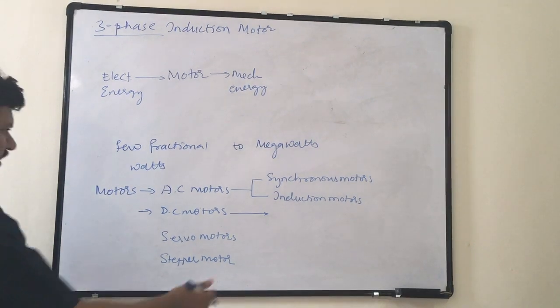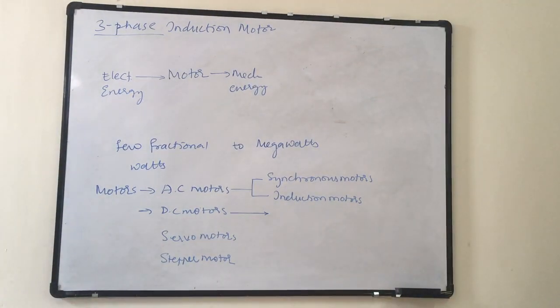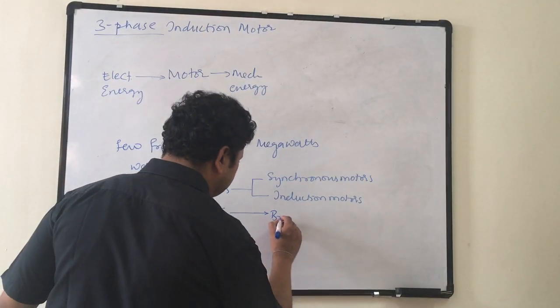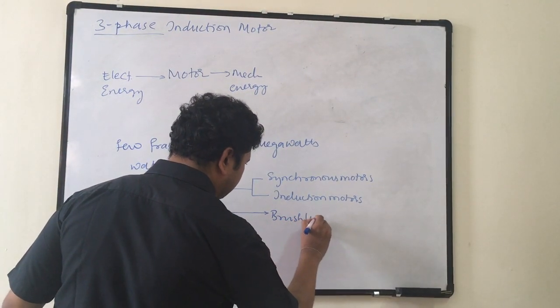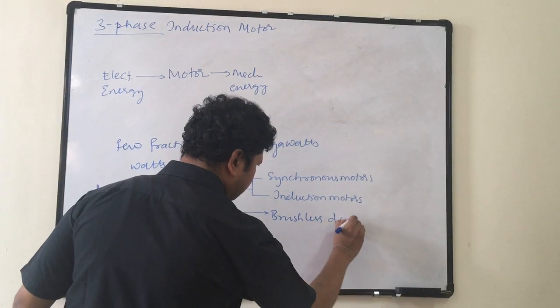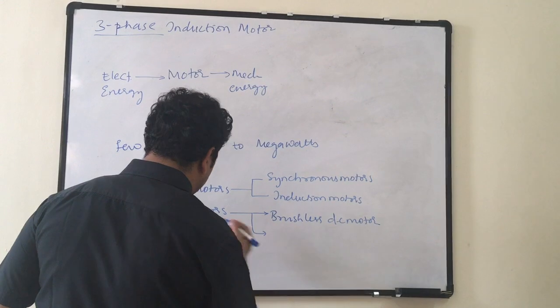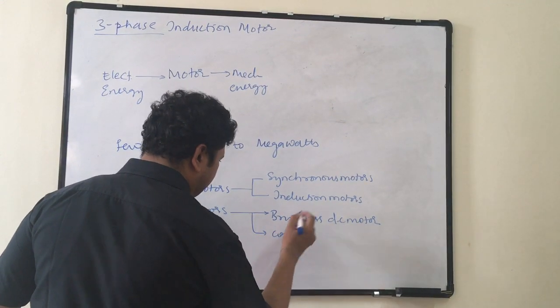In DC motors there are various types depending upon their connections. And in DC motors there can be brushless DC motors, and conventional DC motors that will be with brush.